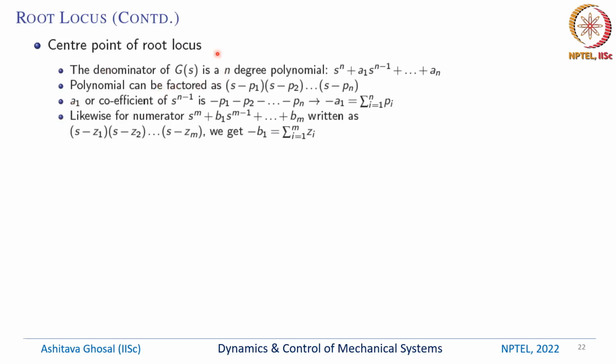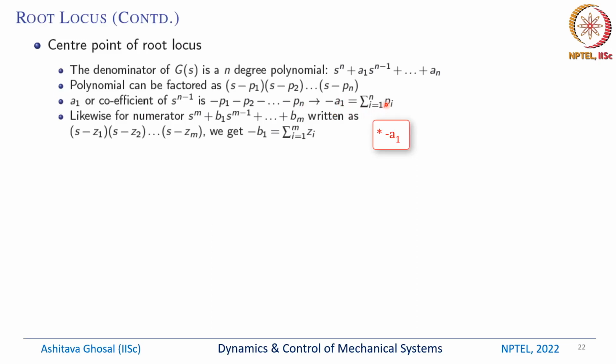The denominator of this open loop transfer function is an n degree polynomial, s to the power n plus a1 s to the power n minus 1 and so on, because there are n poles. So the polynomial can be factored as s minus p1 and all the way to s minus pn. So a1, the coefficient of s to the power n minus 1, is minus p1 minus p2 all the way till minus pn.